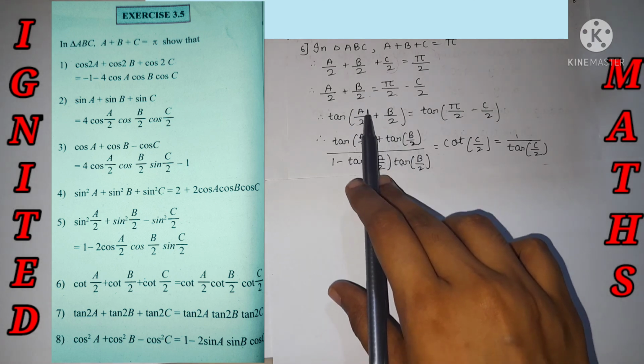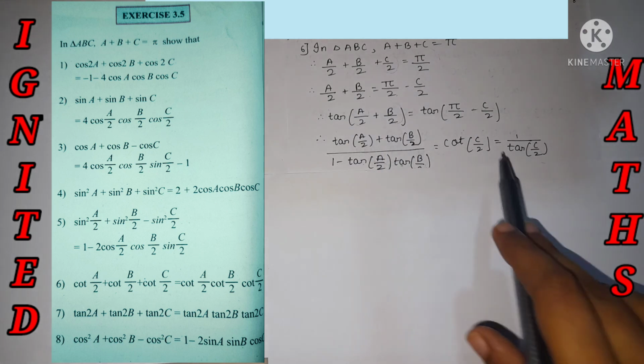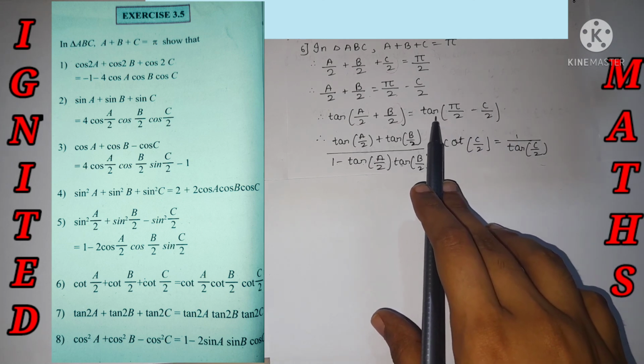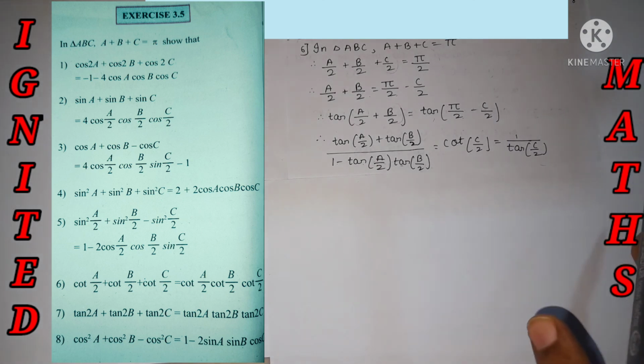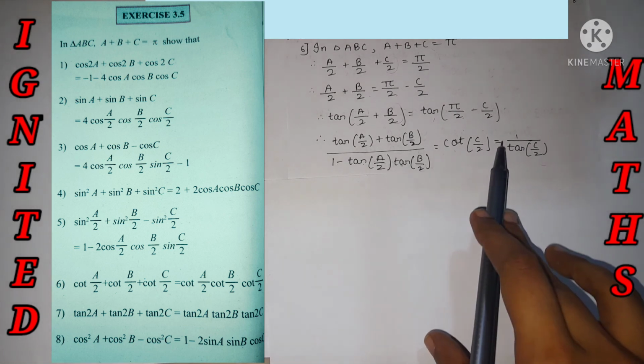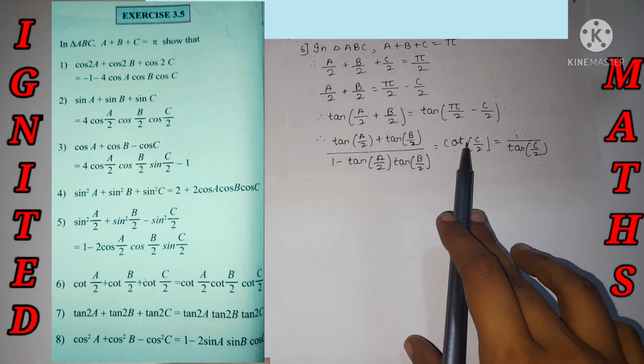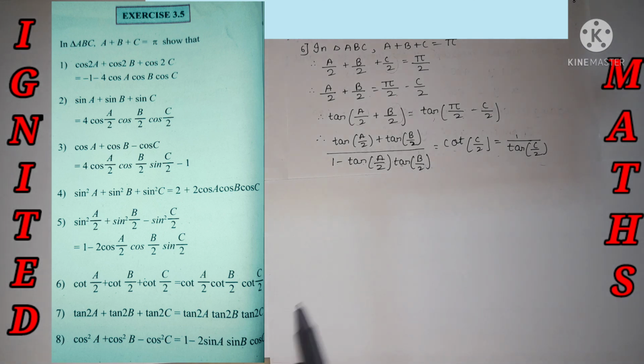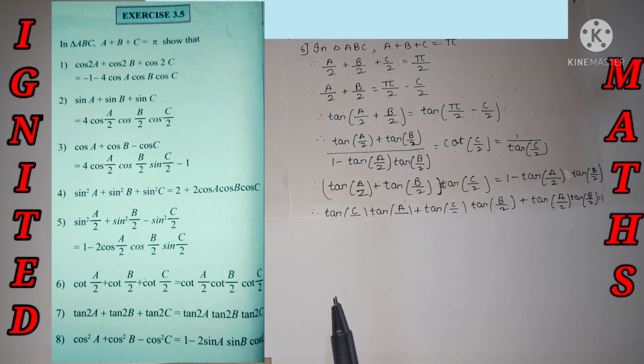Here A is A by 2 and B is B by 2. And tan pi by 2 minus C by 2, that is tan pi by 2 minus theta, by the trigonometric functions of allied angles, is nothing but cot C by 2, which is 1 by tan C by 2, since tan theta is equal to 1 by cot theta. In that way we have represented it, and just do the multiplication.